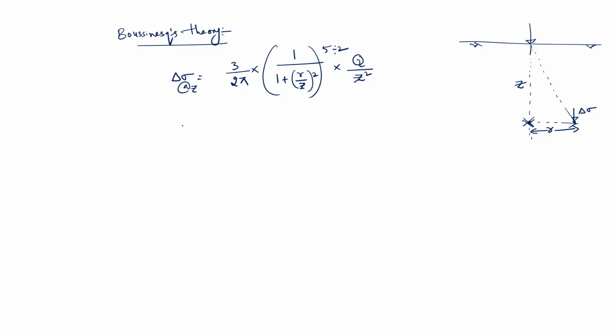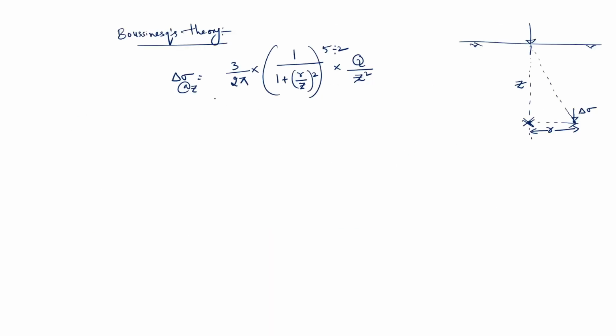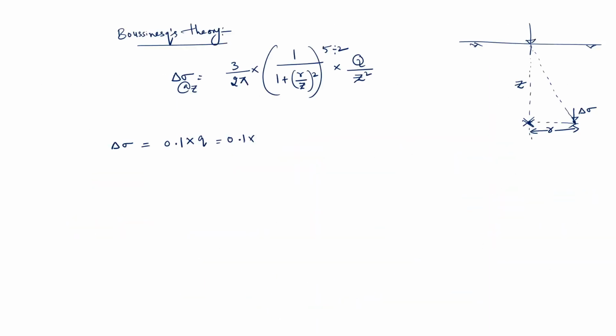So in the question, if you go back, delta sigma is given as 0.1, 10% of the applied load intensity. What is the applied load intensity? We have found 250 kPa.